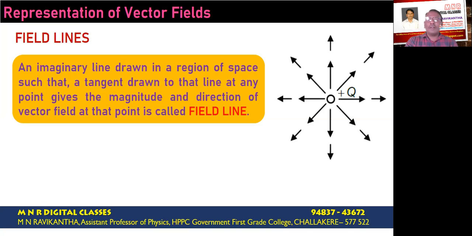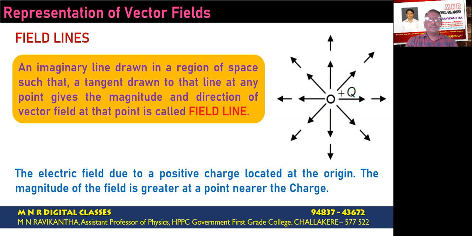For a far off point, the length of the arrow is less, so the picture clearly indicates at which point the field strength is more and at which point it is less. Also, the arrowhead gives the direction of the vector field. This we already discussed.